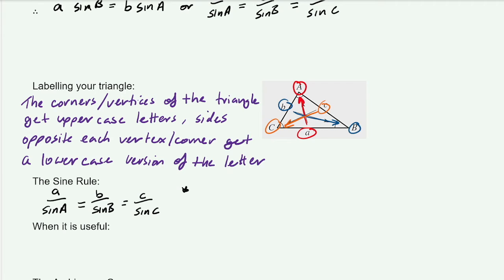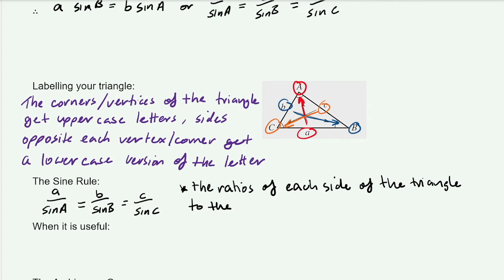But what it states is that the ratios of each side of the triangle to the sine of the opposite angle are equal.